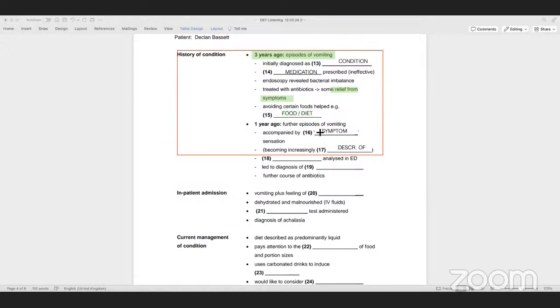Okay. Other signposts. Anyone see any other signposts? 1 year ago. Maybe this. It's possible. Yeah, probably. Okay, now let's think about the last thing, which is selector words.